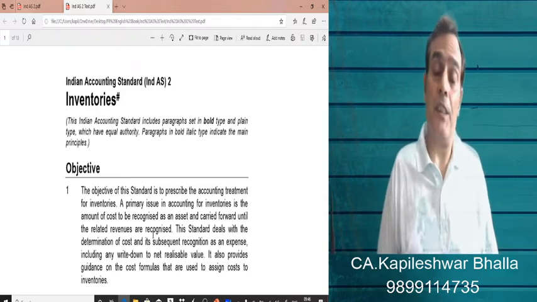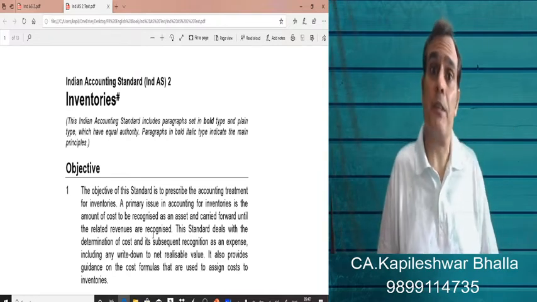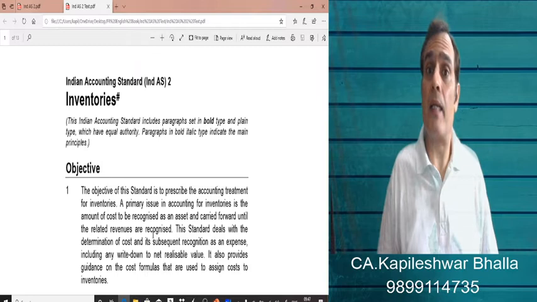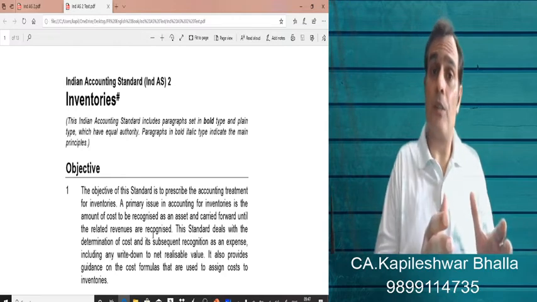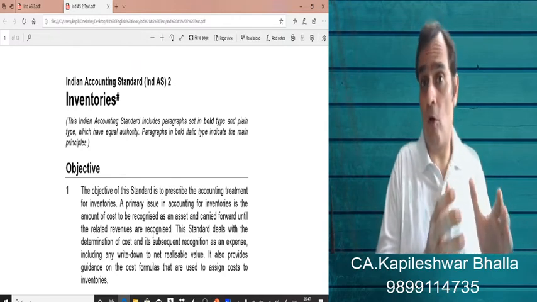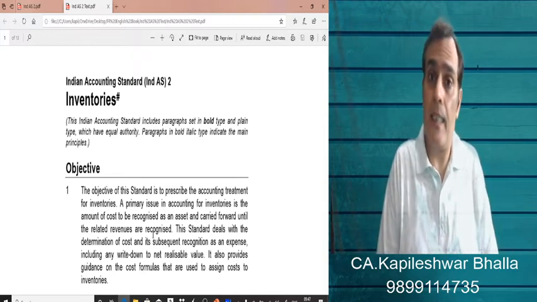Then we went ahead with the measurement principles, and we looked at para number 9 read with para number 32, which gives us the measurement principles for inventory valuation. Para number 9, which talks of cost or NRV, is applicable to WIP and FG.